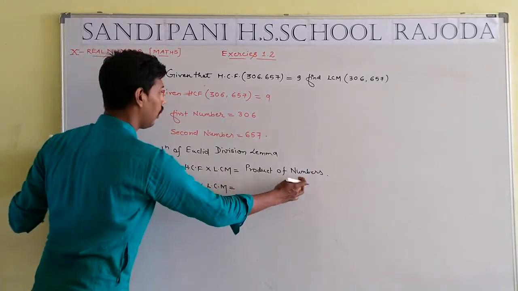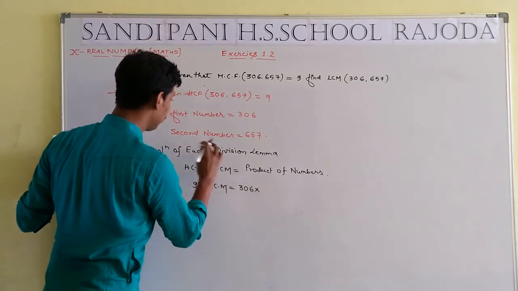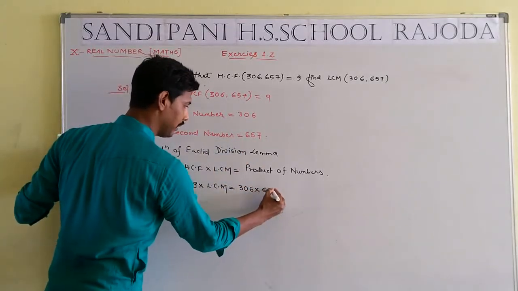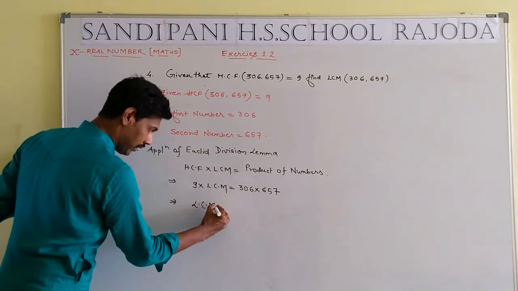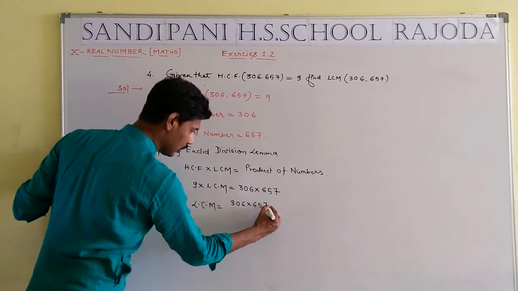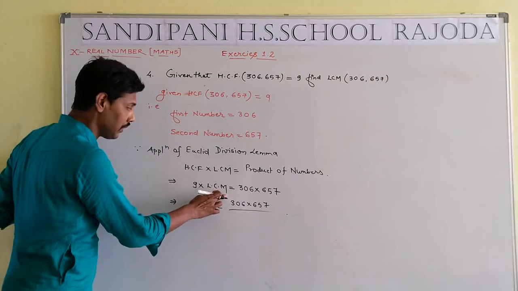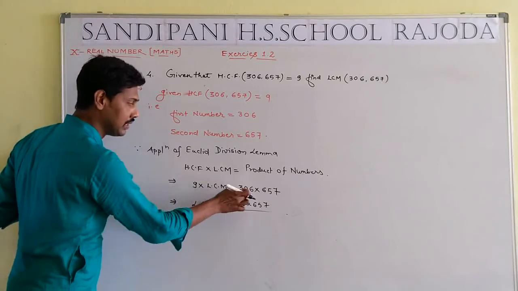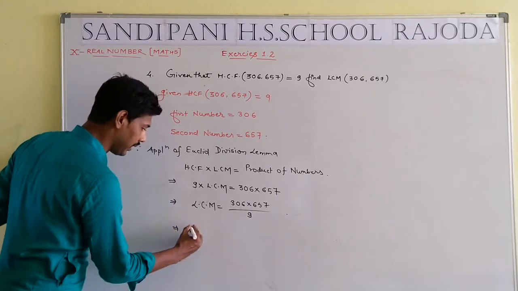The product of numbers: first number is 306 and second number is 657. Now, in the case of the LHS, 9 is the multiple of the LCM. 9 transfers from LHS to RHS in the form of the denominator.